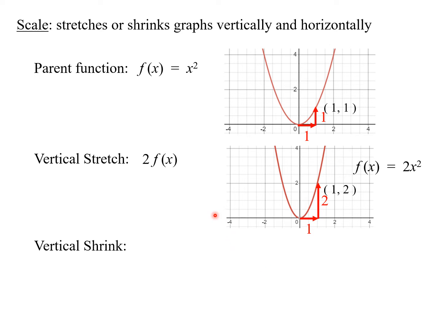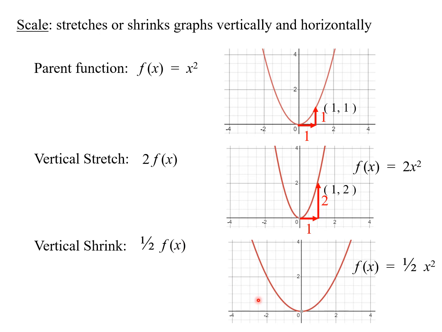On the other hand, we can have a vertical shrink, and that's going to look like this. We're going to squash it down a little bit. The function is going to be 1/2 x squared. So whereas before we went over 1 and up 1, now we're going over 1 but only up 1/2. If x equals 1, 1 squared is 1 times 1/2 is 1/2.